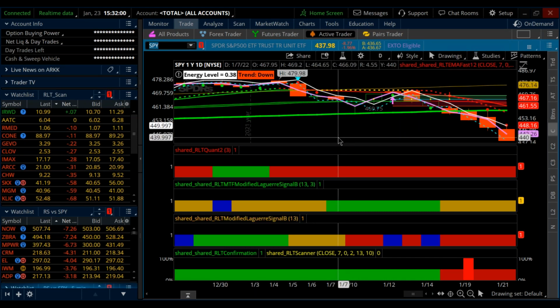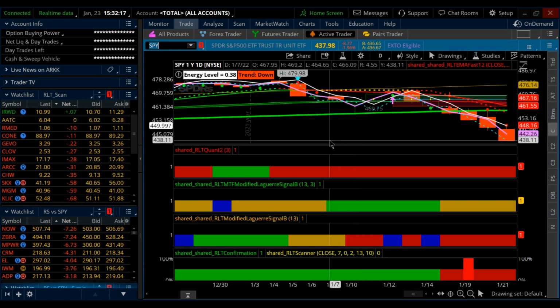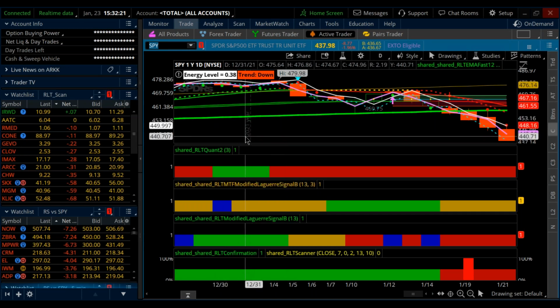You don't want to be caught in shorts when that happens, because these reversals can be really violent. So what you wait for is for that situation to occur. Then you start looking for longs, including put credit spreads and any long type trade that you would be interested in taking. So anyway, that's the scanner.